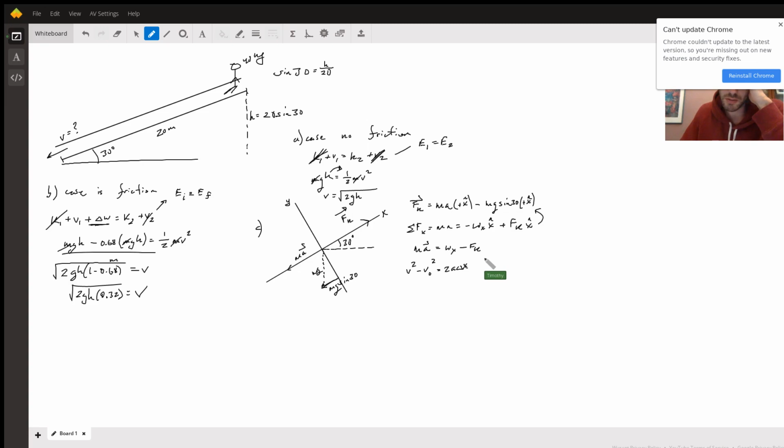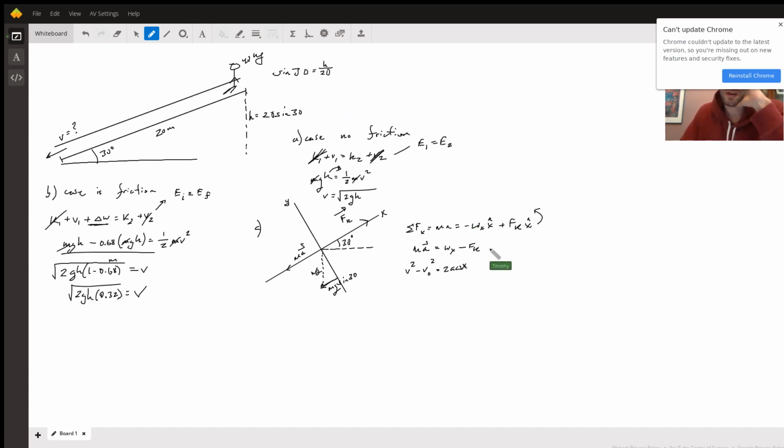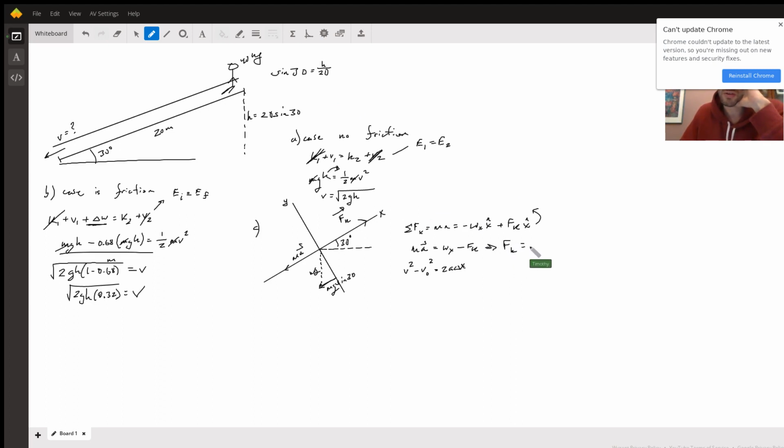Should be the weight minus F of k. No, sorry, it should be minus ma. Let's just erase this, sorry. Okay, so this should just basically be F of k will equal Wx minus ma.